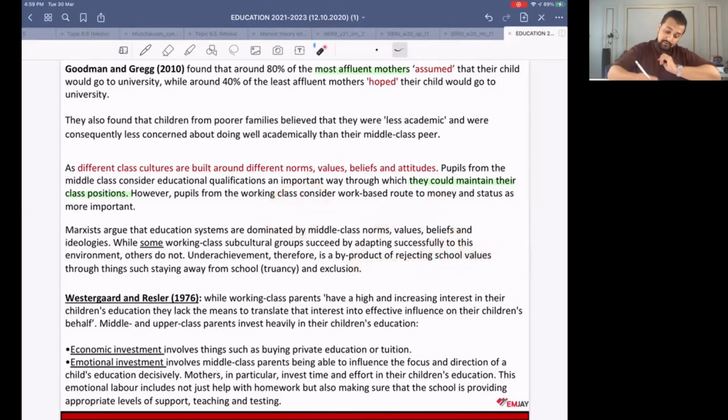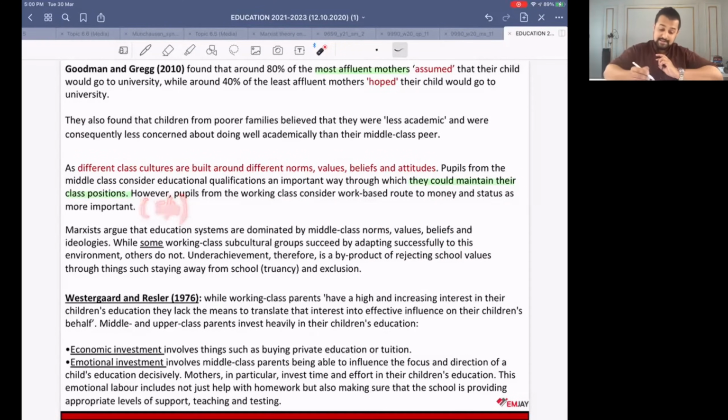So moving on, as different class cultures are built around different norms, values, and beliefs and attitudes, pupils from the middle class consider educational qualification as an important way through which they could maintain their class positions. However, pupils from the working class consider work-based route to money and status as more important, again through immediate gratification, right?